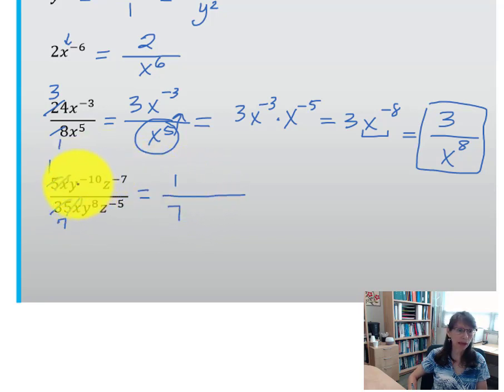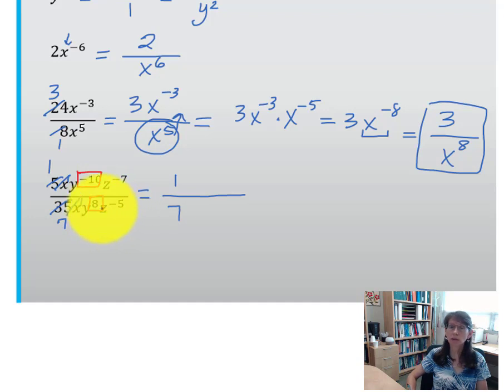With the bases of y, y to the minus 10 divided by y to the 8th. So those are not exactly the same. They're not going to reduce completely out of the problem. So what I like to do to have fewer steps is compare those exponents. So I really just want to compare negative 10 with positive 8.